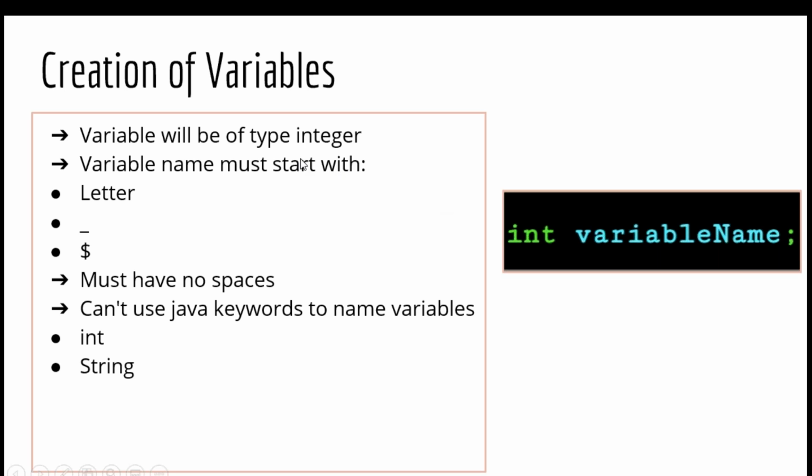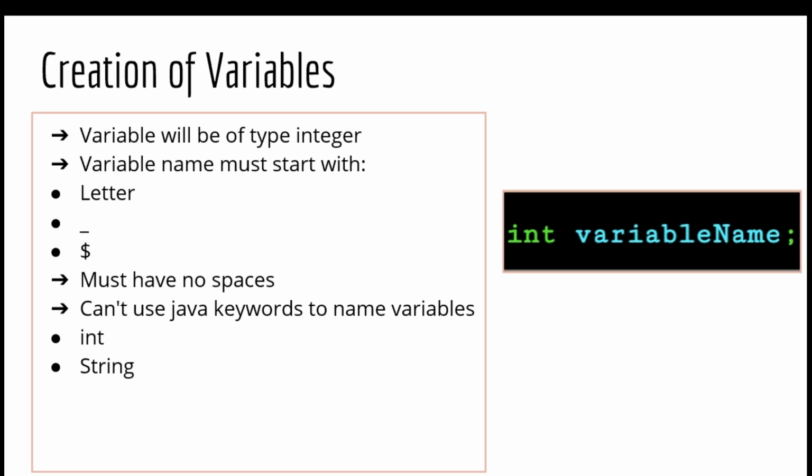As I mentioned previously, there are also many rules when creating a good variable. For this image on the right, the variable is of type integer, but you can have many other data types as well, which I'll go over. The variable name must start with either a letter, an underscore, or a dollar sign.